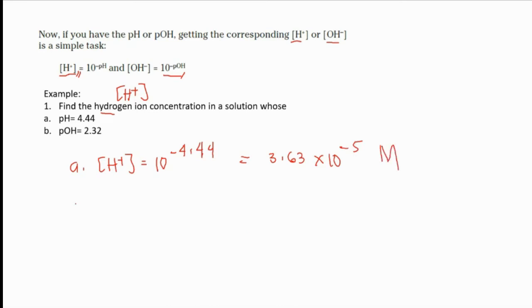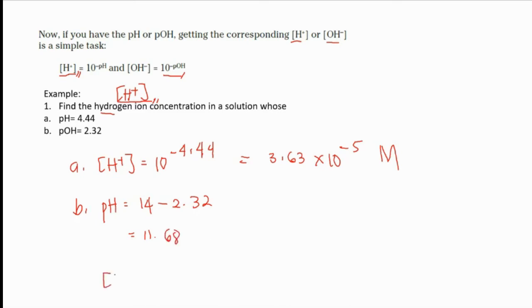Okay? How about letter B? Take note, H plus yung unknown. So, kunin muna natin yung pH. 14 minus 2.32 is 11.68.